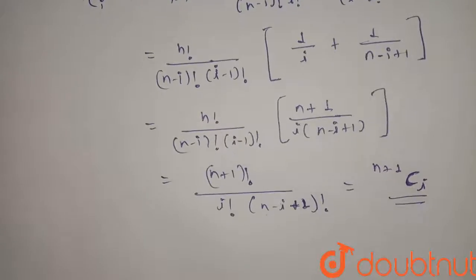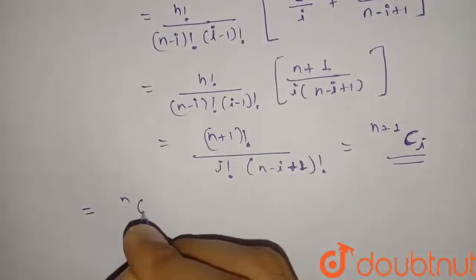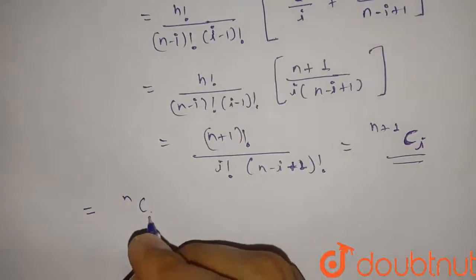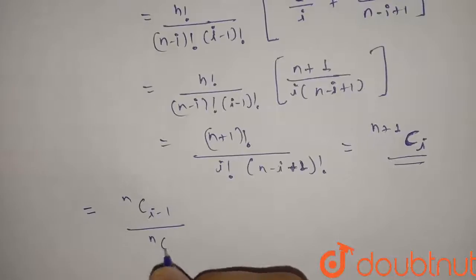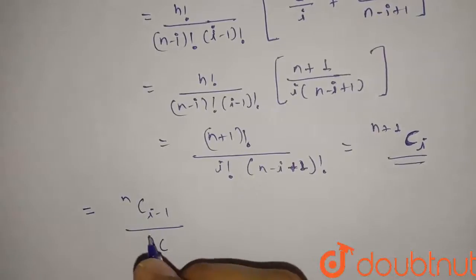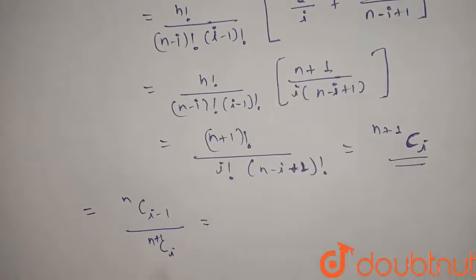Okay, so this is the value. So now this is the denominator, so our original term will be nC(i minus 1) upon (n plus 1)Ci.